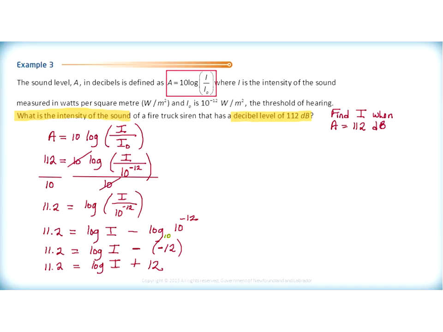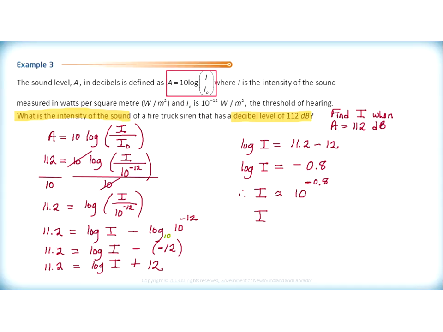So then we have the log of I is equal to 11.2 minus 12. The log of I then is approximately equal to negative 0.8. So in solving for I, we have to convert it to exponential form, and I will approximately equal 10 raised to the power of negative 0.8.